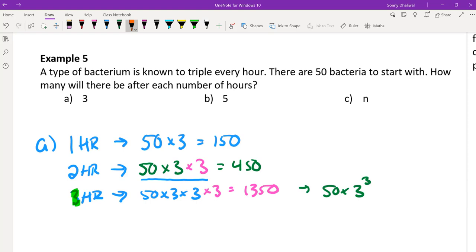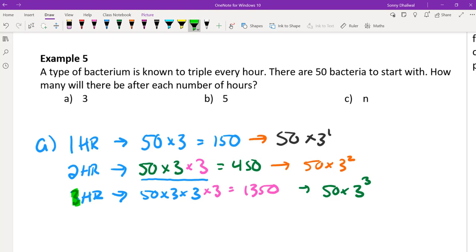And if you wanted to do this one, it would have been 50 times 3 to the exponent 2. That one would have been just 50 times 3 to the exponent 1. You see the pattern happening, right? That's why I wrote it out this way. It's easier to see the pattern from where the numbers came from, right?